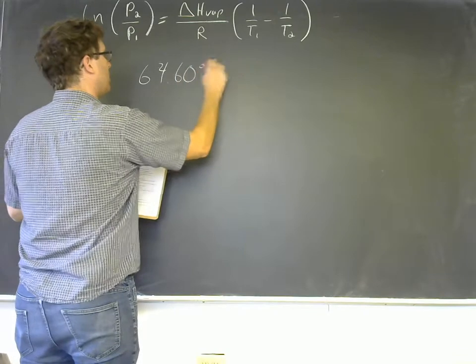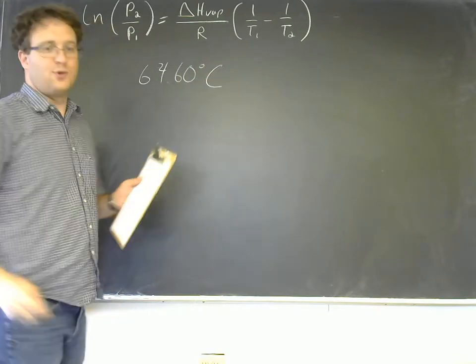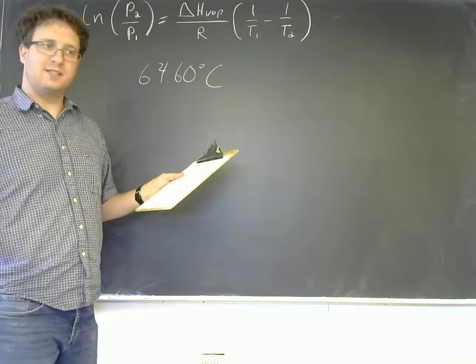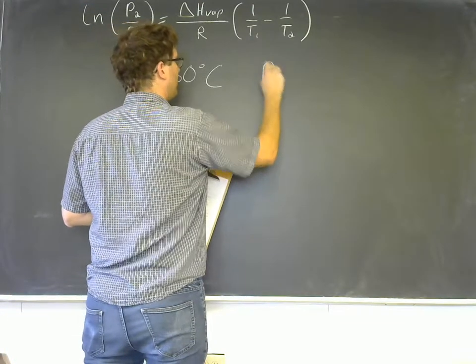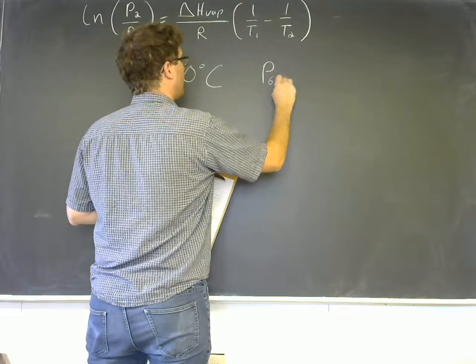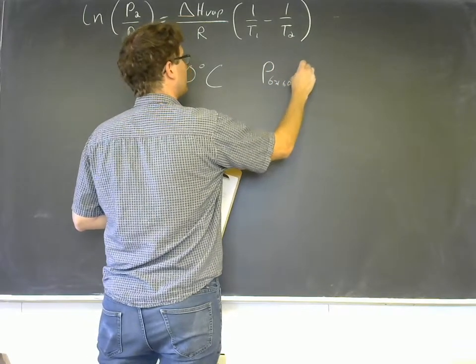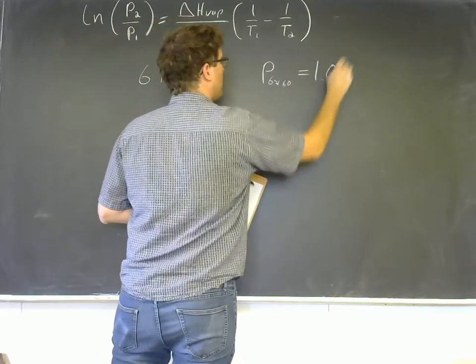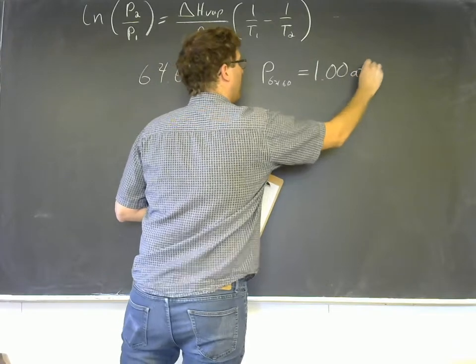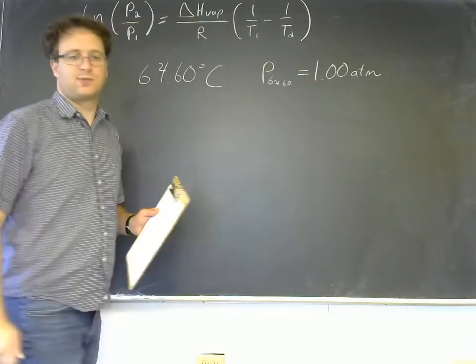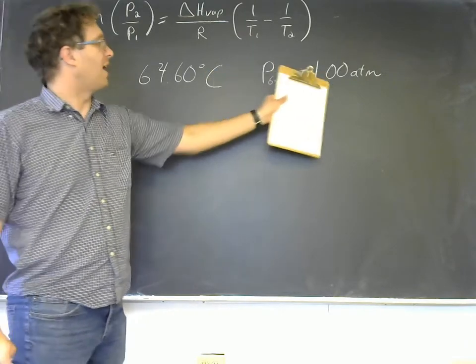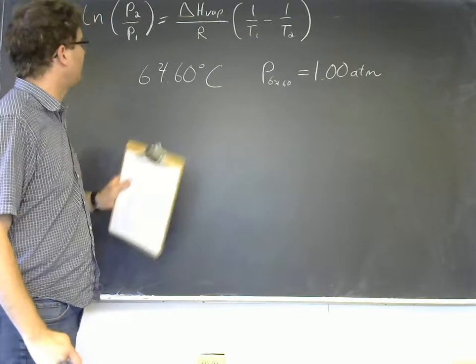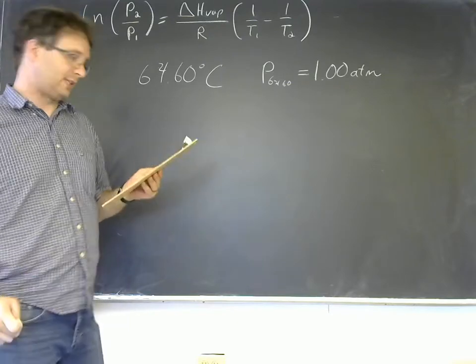And what that means is that the pressure at 64.60 degrees Celsius is equal to 1 atmosphere. That's what the boiling point means. The vapor pressure is equal to 1 atmosphere for methanol at 64.60 degrees Celsius.